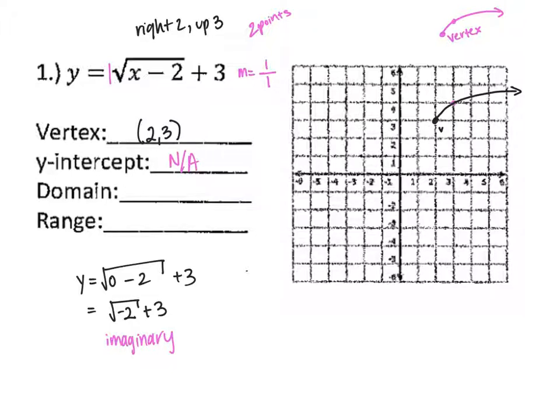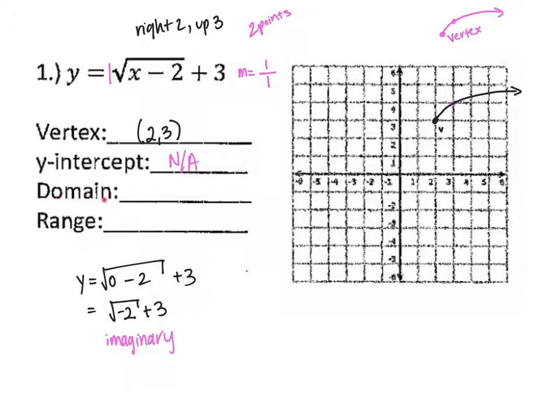What this means is that we shouldn't be seeing any y-intercepts on the graph. Let's take a look at this graph closely. Do you see a y-intercept? In other words, does this curve ever touch the y-axis? No, it doesn't. We can even see here when we drew the curve, we didn't have a y-intercept. So in this case, no y-intercept.